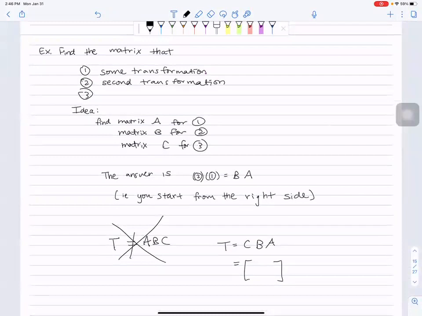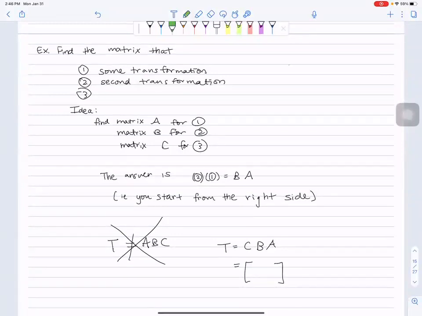Any questions on compositions? Yes. So you should find the matrix corresponding to each thing and then actually multiply it out. Unless otherwise specified, we always assume that what's being transformed is having our identity, our basis.